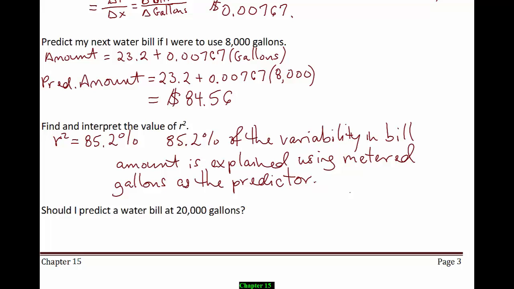So that means roughly 15% of the variability in my water bill is not explained by my gallons used. This would explain why I can't predict my water bill very well.